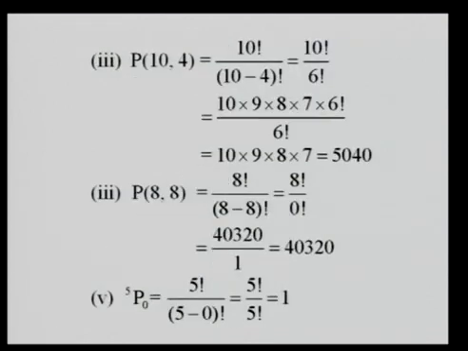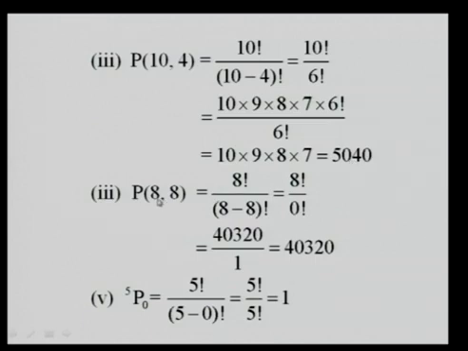Next, 10P4, which is another notation, by definition can be written as factorial 10 upon factorial 10 minus 4, which is factorial 6. After splitting factorial 10 as 10 into 9 into 8 into 7 into factorial 6 and cancelling, we are left with 10 into 9 into 8 into 7, and this comes out to be 5040.